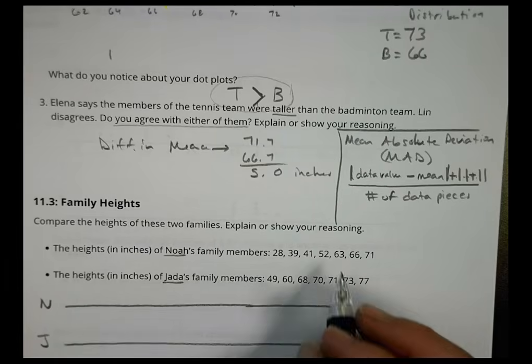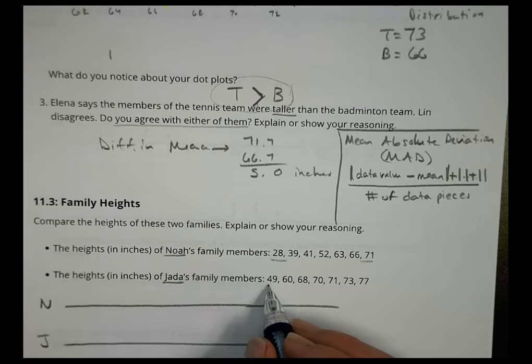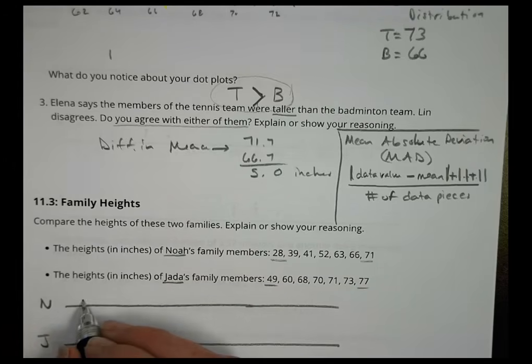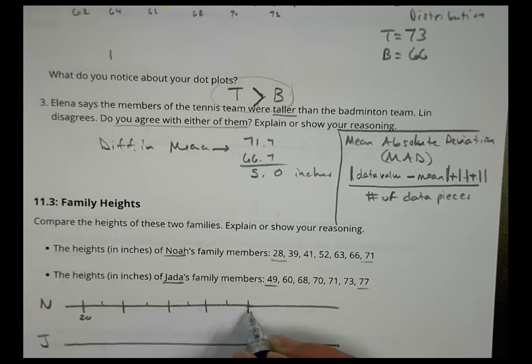Now Noah's family is going 28 to 71. Jada's is going 49 to 77. So I'm going to count by fives basically. I'm going to start here at 20 and go 20, 25, 30, 35, 40, 45, 50, 55, 60, 65, 70, 75, 80. And do the same thing here for Jada.